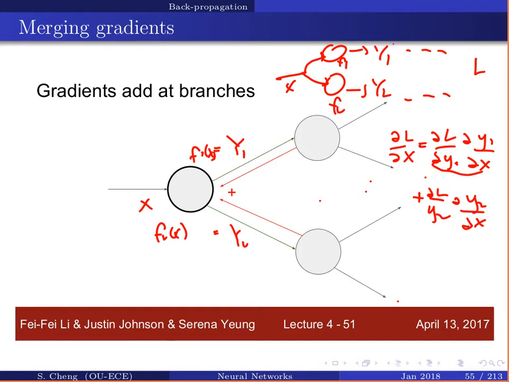This is what happens when you backpropagate the derivative. When you backprop from this guy up to here, you have this term, and when you backprop from this guy to here, you have this term. So it's simply adding these two terms together to get the partial derivative of L with respect to x.